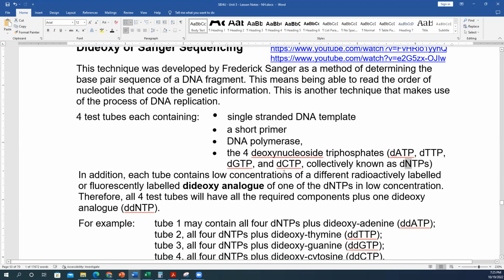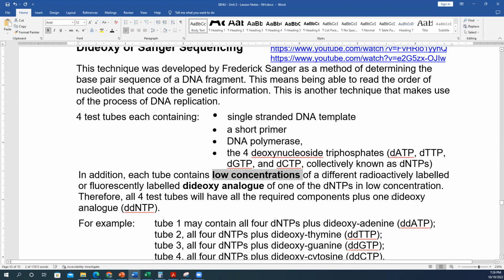So in addition to these 4 components that you have in all 4 of your test tubes, in each one of the tubes, you will put a very low concentration, and this is actually important that it be low, a very low concentration of a different radioactively labeled, or nowadays fluorescently labeled, dideoxy analog of one of these dNTPs.